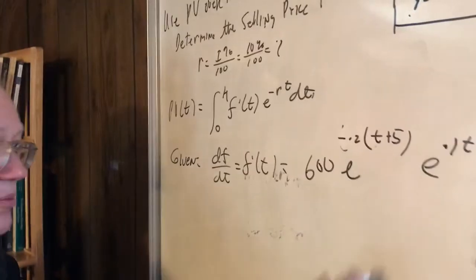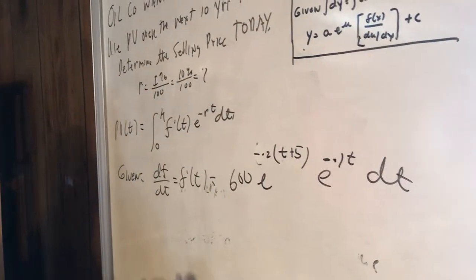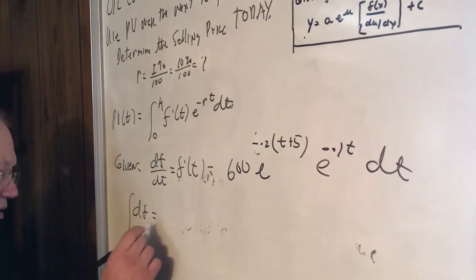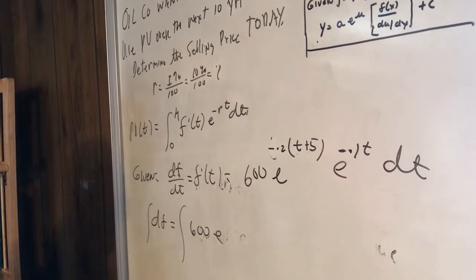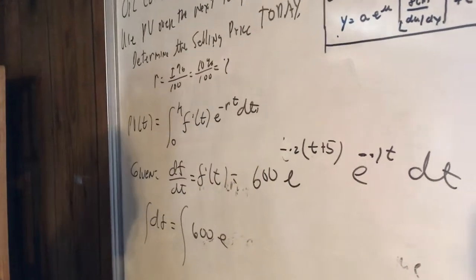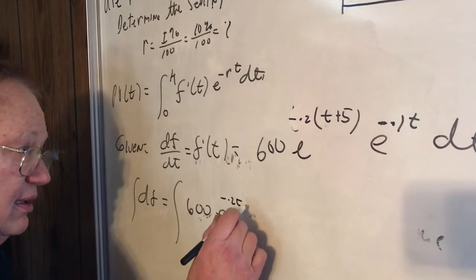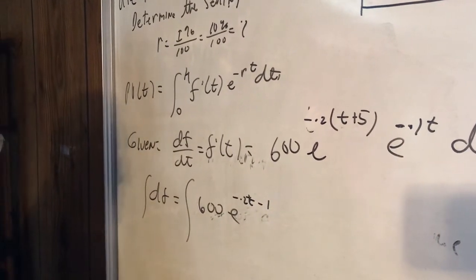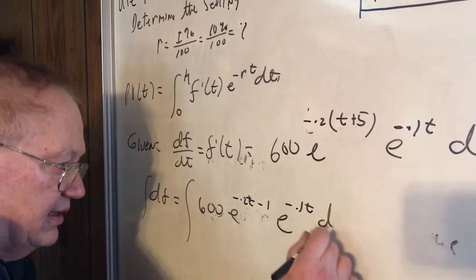Now notice that's a minus. The integral is the integral of 600 e to the minus 0.2 t minus 1. Let's distribute that. And this is e to the minus 0.1 t dt.